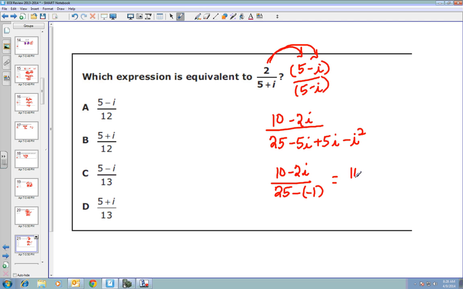So I have 10 minus 2I over 26. Which one is going to match up with 10 minus 2I over 26? It's going to be C, because this is 10 over 26 minus 2I over 26, which is 5 over 13 minus I over 13.